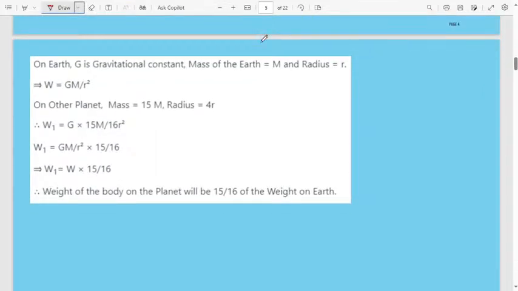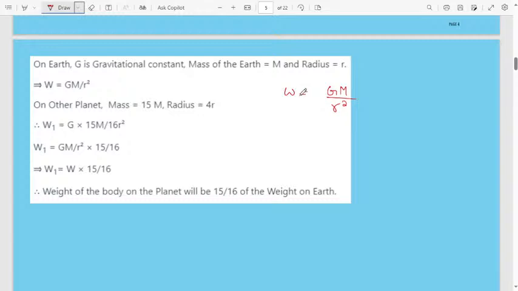On earth, G is the gravitational constant, M is the mass of the earth, R is the radius of the earth. You know W will be G M divided by R square. Here G is the gravitational constant, capital M is the mass of the earth, and R is the radius of the earth.